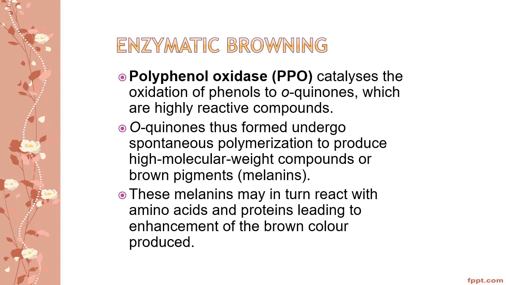This enzymatic browning is catalyzed by the enzyme polyphenol oxidase, which catalyzes the oxidation of phenols to orthoquinones, which are highly reactive compounds. Orthoquinone then undergoes spontaneous polymerization to produce a high molecular weight compound, a brown pigment or melanin. So you have a phenol, and in the presence of PPO, polyphenol oxidase, it gives you orthoquinones.